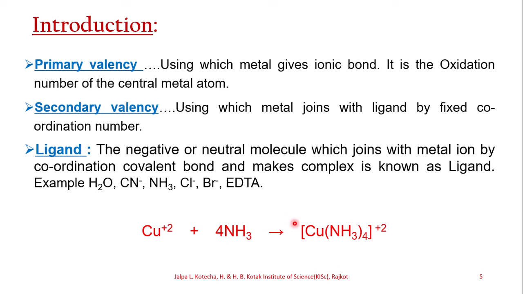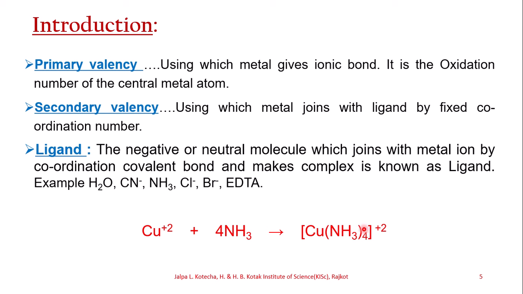Here a copper ion reacts with ammonia molecule, giving the formation of tetraammine copper. The ammonia is a neutral ligand, so the complex carries a charge of plus 2. It can be balanced by any negative ion, say SO4.